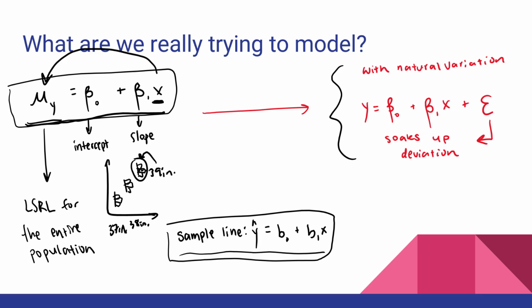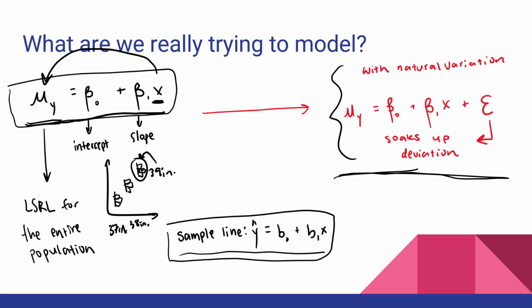The thing is, we also know that not every person with a 39-inch waist has the exact same percent body fat, so our population line of best fit isn't going to run through every single point on our scatter plot. Some people with 39-inch waists might have abnormally low or high body fats, so to account for all the natural variation between points, we have an adjusted formula over here.